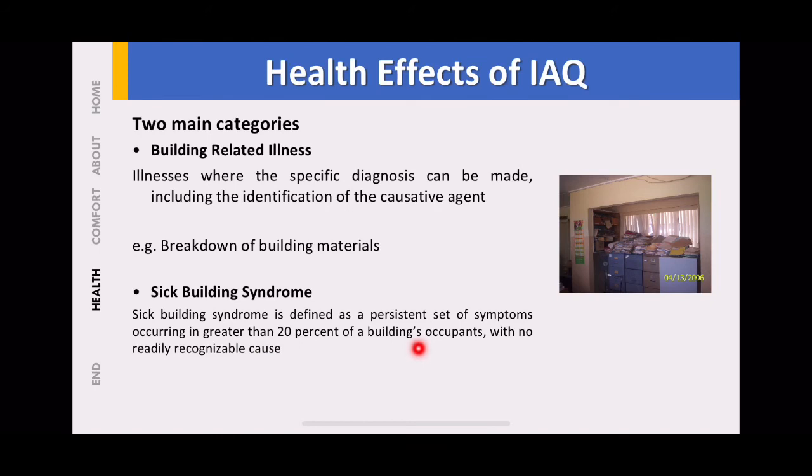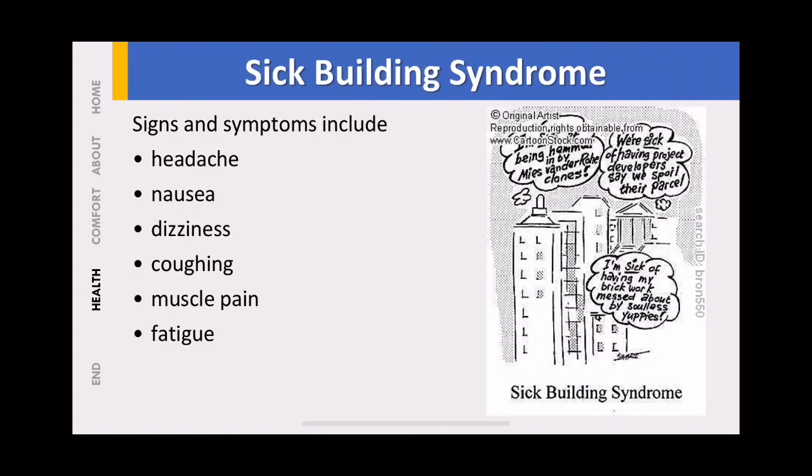That means the majority of the people inside the room have similar symptoms that cause sickness, right? With no readily recognizable cause. So what we'll do is give them leave and tear down the building or the space and make it a new one. The sick building syndrome symptoms are headache, nausea, dizziness, coughing, muscle pain, and fatigue. This is just like if you are infected with viruses.